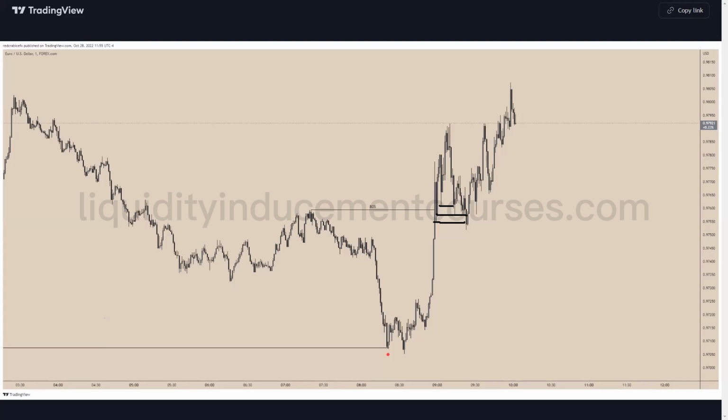Yeah, and obviously, if you are a wick or whatever, POI or supply demand structural point on this huge FVG, then obviously it's going to be liquidity. Why the lower one is not BOS? It is a BOS. This is higher time frame BOS, but yes, this is a lower time frame BOS as well.